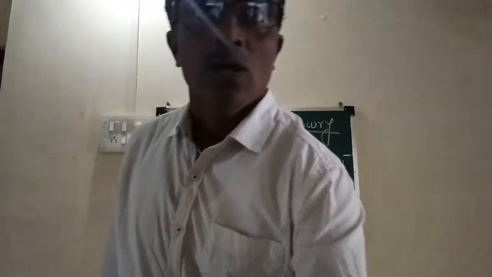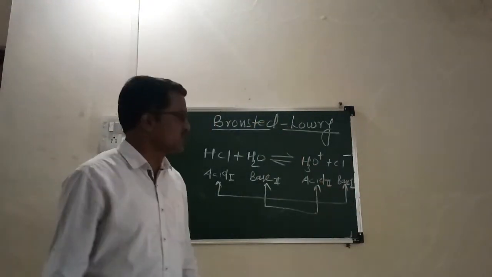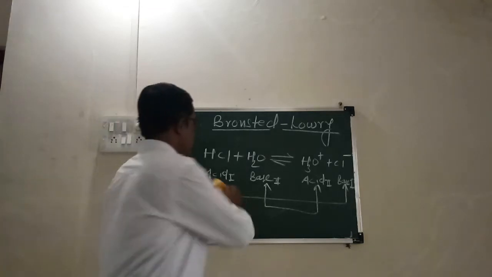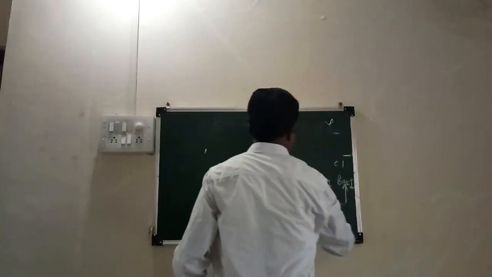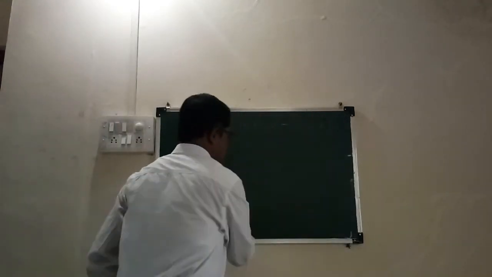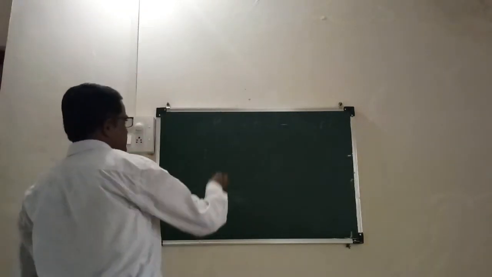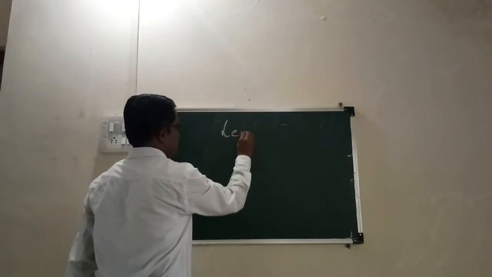Is it clear? Now by knowing this Bronsted-Lowry concept, the third concept for acids and bases is the Lewis concept for acids and bases. Third theory, that is the Lewis concept or Lewis theory.